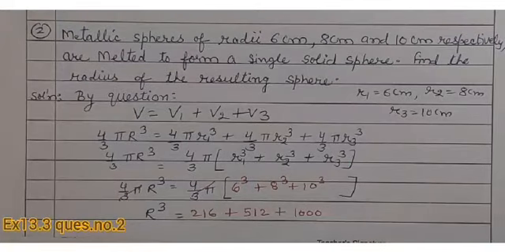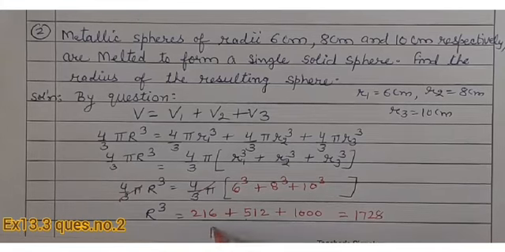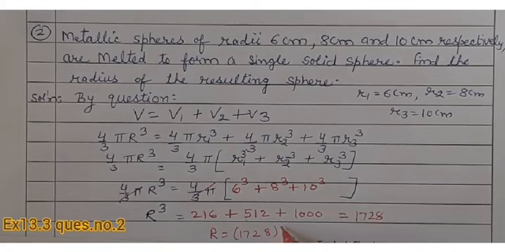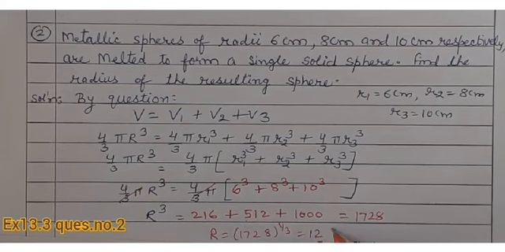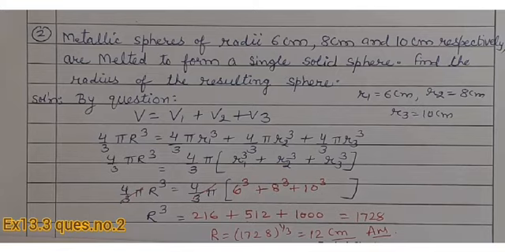Then add this: 1500, 1728. So what is the cube root of 1728? That is very simple. The cube root of 1728 is 12. This is 12 centimeter, and this is your answer also.